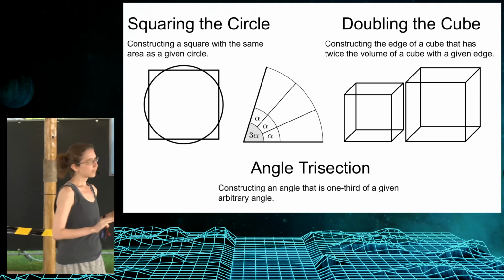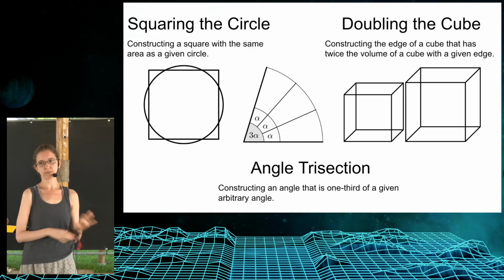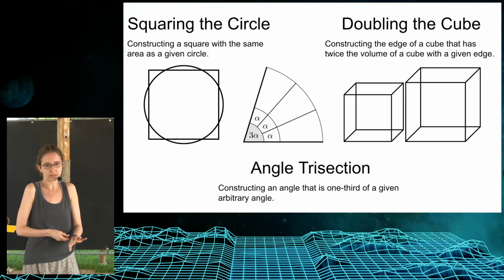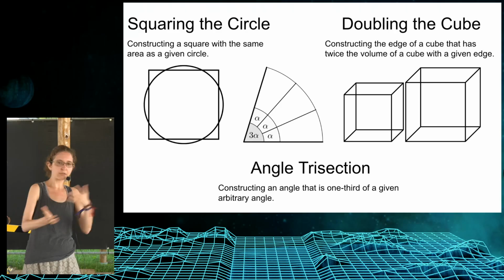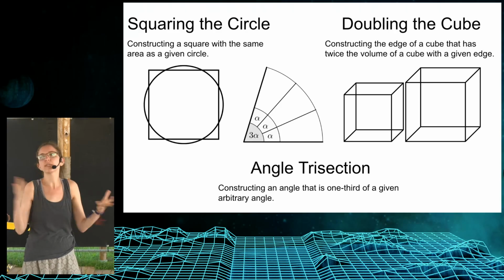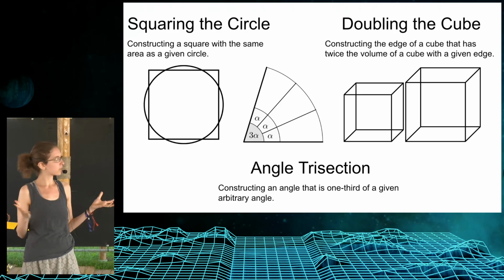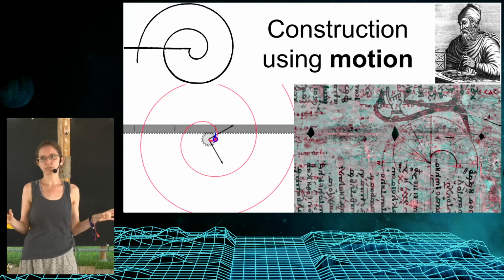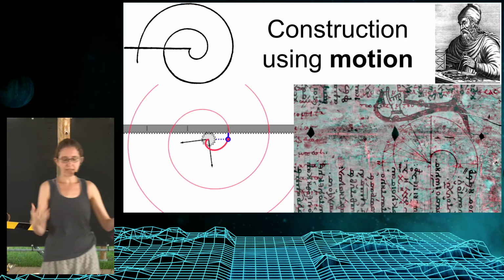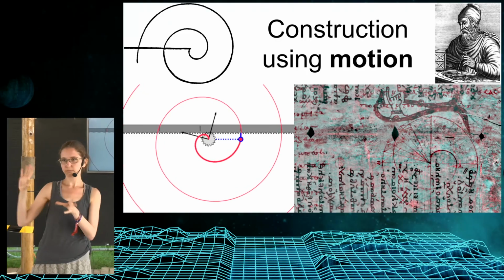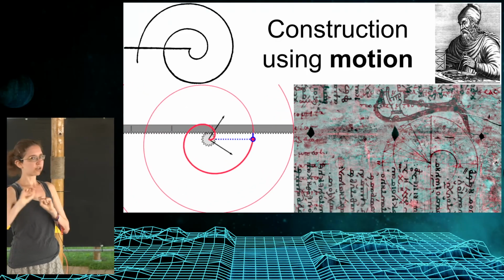They couldn't do it with a compass and ruler. Just couldn't. Today we know that you can't really solve these problems with a compass and ruler, but they really, really tried.